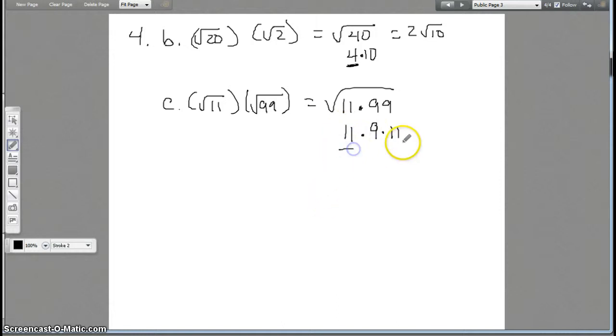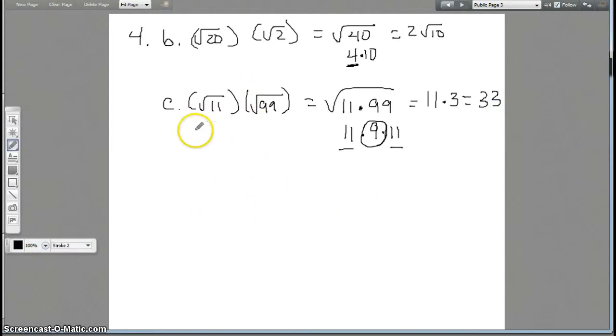Well, if we have an 11 times an 11 under the square root, that means that we can take those two 11s out and make them just an 11. 11 times 11 is 121. The square root of 121 is 11. And then we have this 9 under the square root. The square root of 9 is 3. So this is 11 times 3, which is 33.